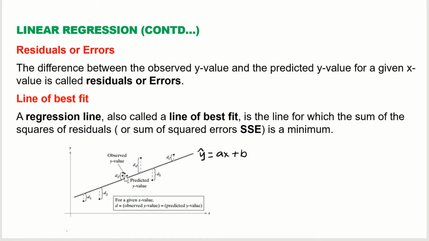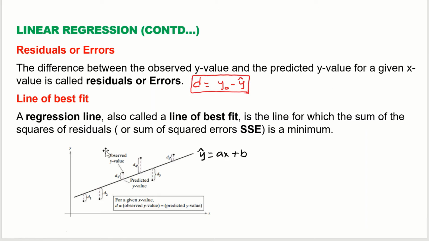So this difference between the observed value and the predicted value is called the residual or error. So whenever you are asked to find the residual or error, your formula will be D equal to the observed value minus the predicted value. This will give you the residual or error.